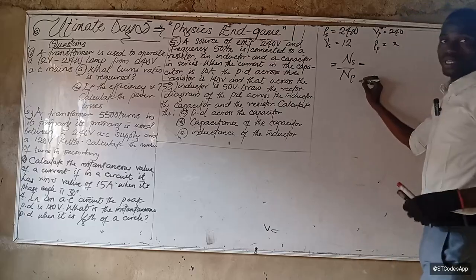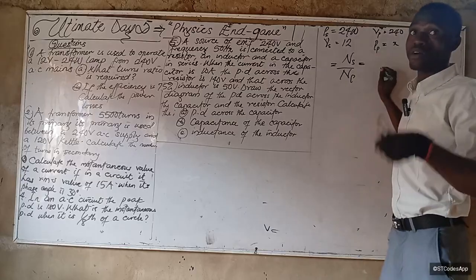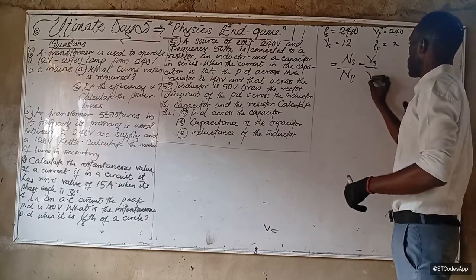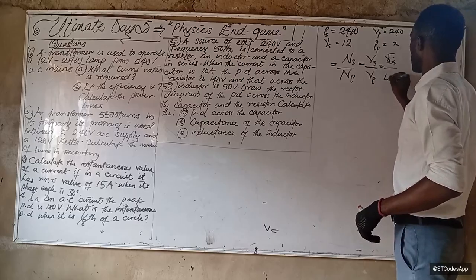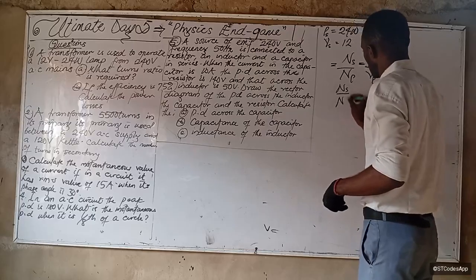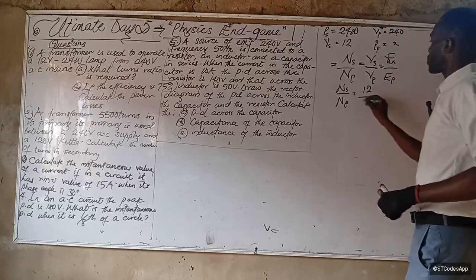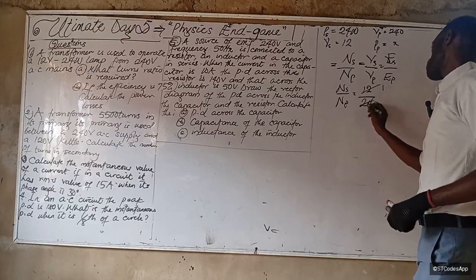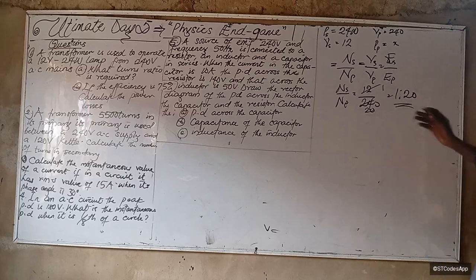The number of turns is directly proportional to the voltage, so that will be Vs over Vp, or Es over Ep. So the turns ratio Ns over Np is equal to Vs, 12, over Vp, 240. That will be 1 ratio 20. Is this clear?